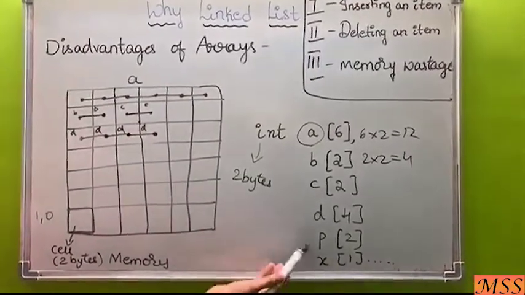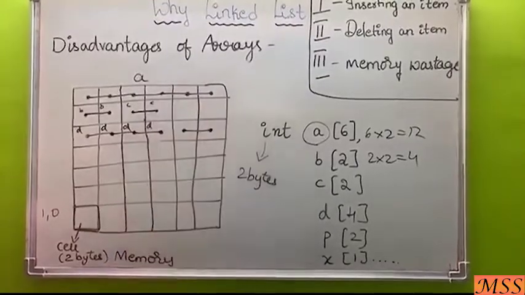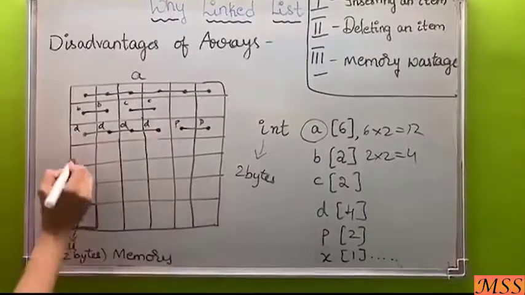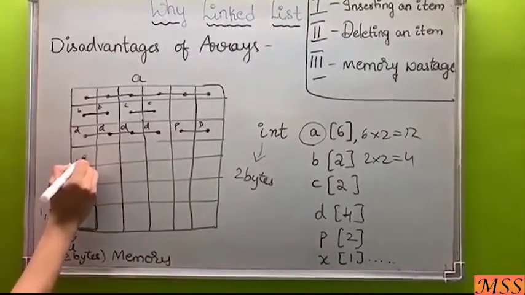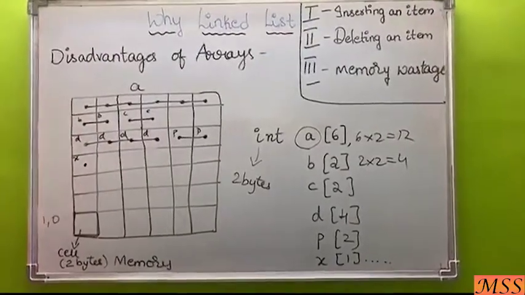The next one is p of 2. Here there are 2 empty cells, so it stores the value of p. And the next one is x of 1, so one cell is named x and stores the value of x.